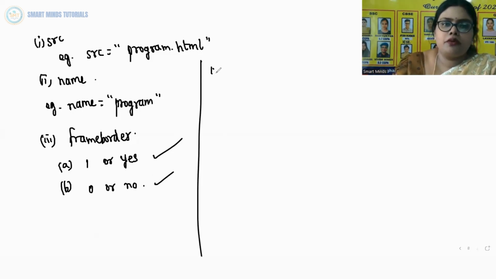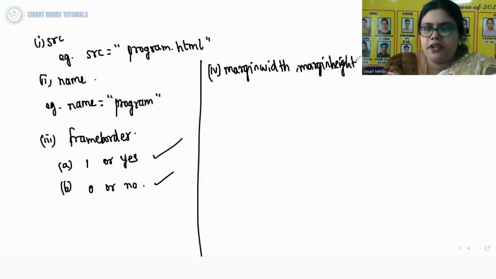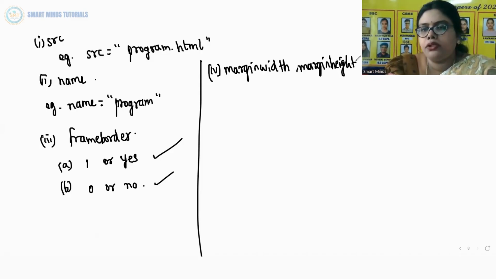Then coming to the fourth attribute, that is marginwidth and marginheight. So this attribute sets left and right margin size of a frame. And this attribute sets the top and bottom margin of a frame.